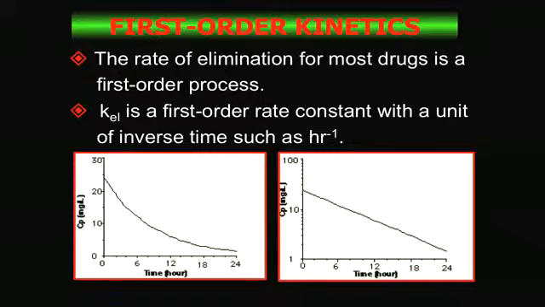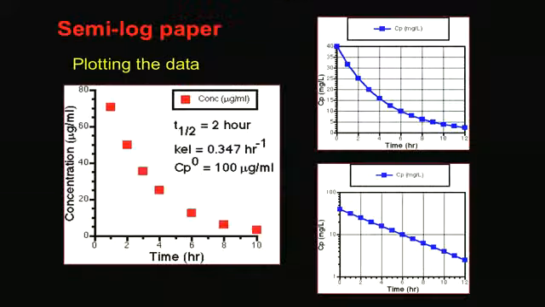On the right is the same data, except now I plotted it on a logarithmic scale. So you see the 1, 10, and 100 there. That's a log scale. And those of you who've studied kinetics know that first order kinetics are logarithmic, and you see a straight line there, which tells you that it is indeed first order. So when I plot the logarithm of the concentration over time, and I get a straight line, that tells me I have first order kinetics.